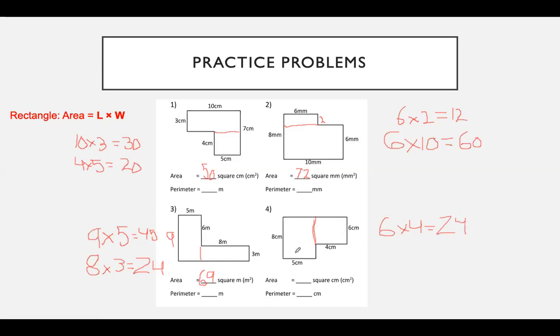And then over here, we know this side is 8, this side is 5. So we can do 8 times 5 is equal to 40. What's 40 plus 24? That is 64.